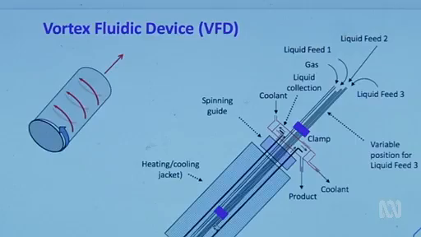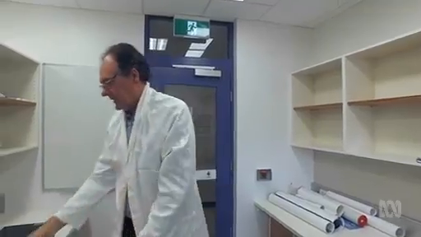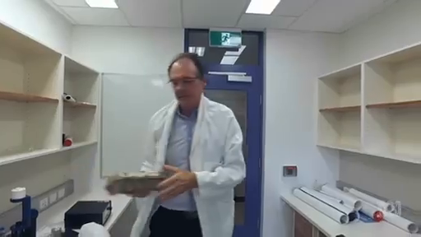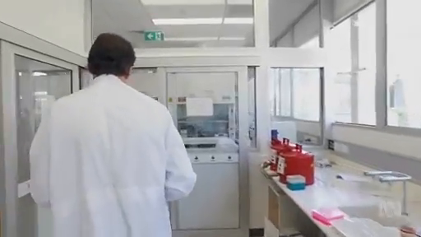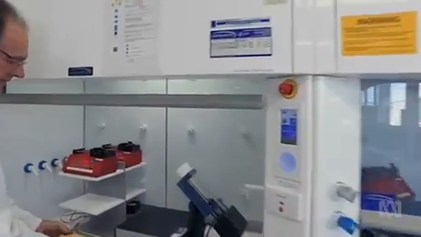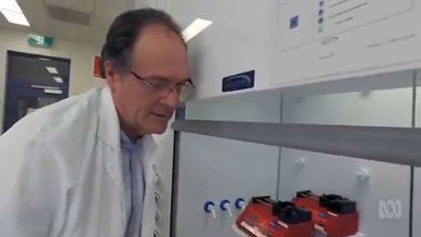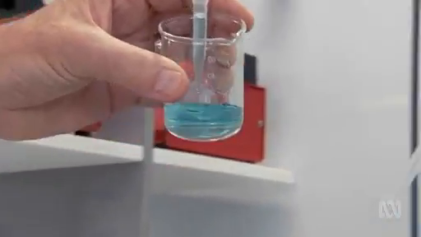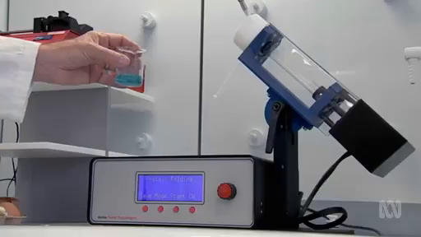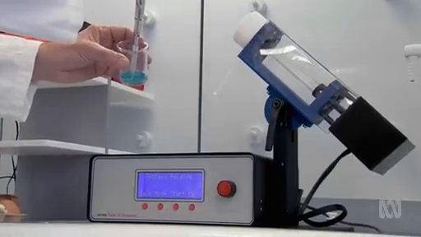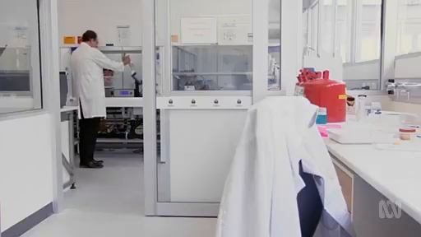The Vortex Fluidic Device, the VFD, solved the problem Professor Raston was working on, which was to find a new way to experiment in the field of microfluidics, the science of manipulating extremely small volumes of liquid. So the device is a microfluidic device, but it's not your conventional microfluidic device.